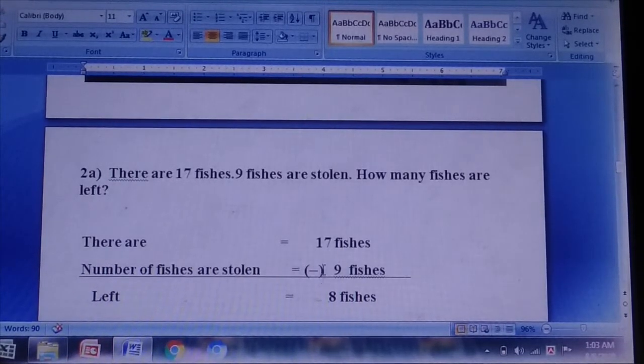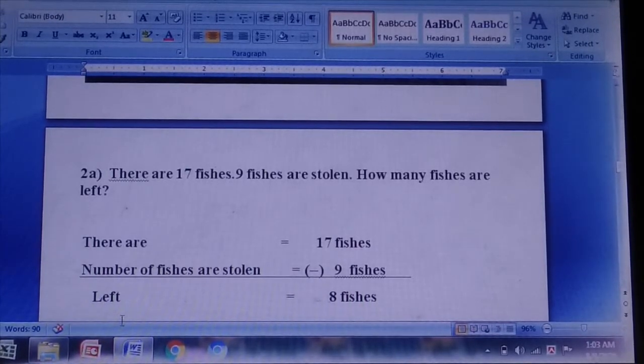I write the number 9 exactly below the 7. Okay. Then I draw a big line here and write here left. Why do I write here left? Because in our question it is mentioned, how many fishes are left, and I give an equal to sign here again.